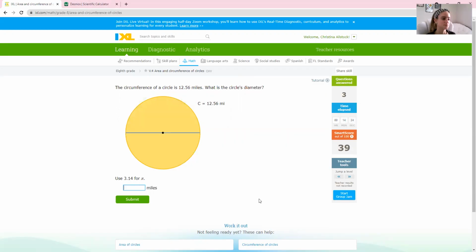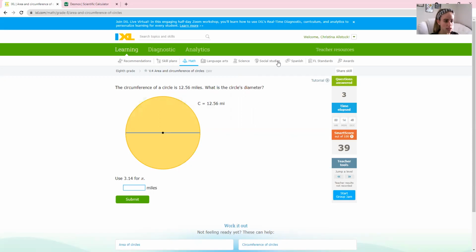Ooh, this is a good one. The circumference of a circle is 12 and 56 hundredths miles. What is the circle's diameter? So this time they gave us the circumference and they're asking us to find the diameter. Ooh. Even though it's a little backwards, we can still use our formulas.